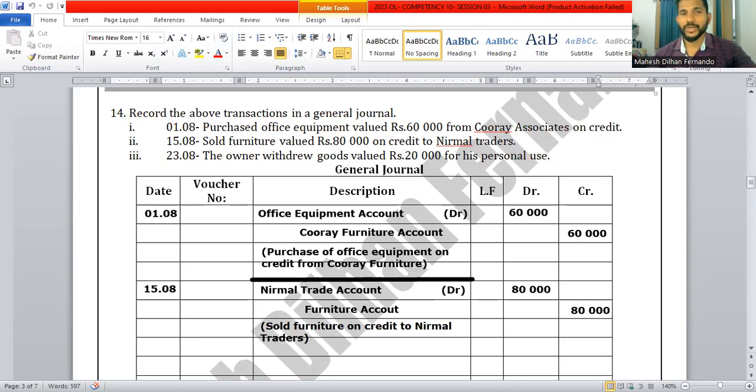And separate the transaction by using a line in the description column. Okay. See how clear I am, son.